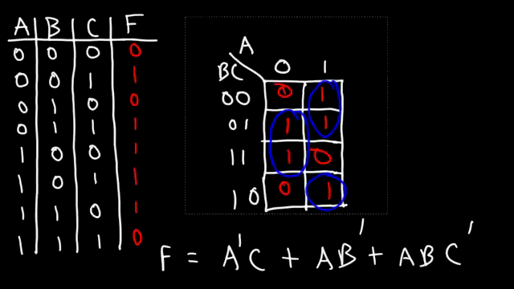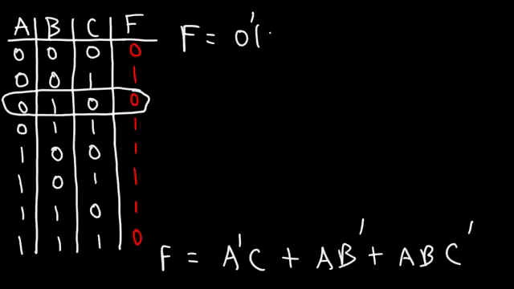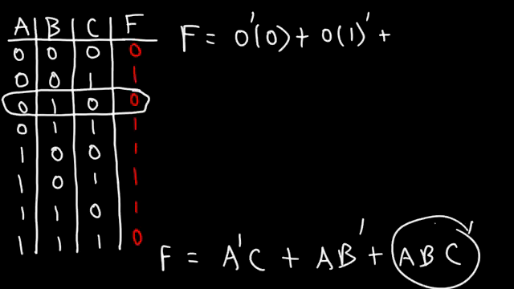Now let's test the function to make sure that we do indeed have the right one. So let's start with what we have here. A is 0, C is 0, A is still 0, B prime, B is 1, and then we have A, B, C prime.